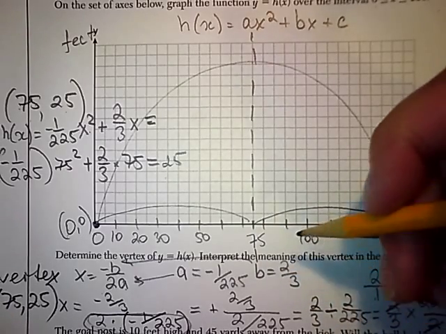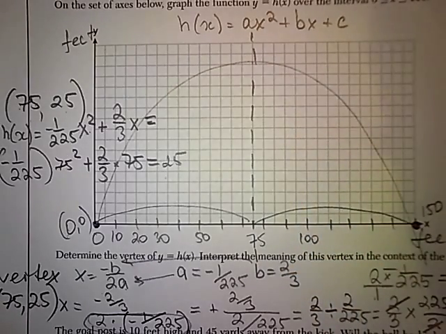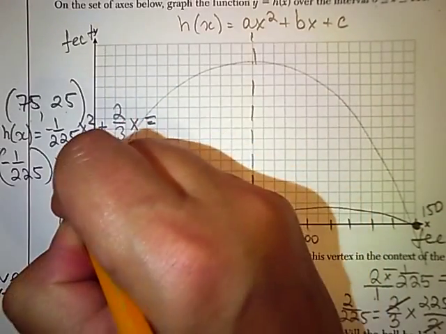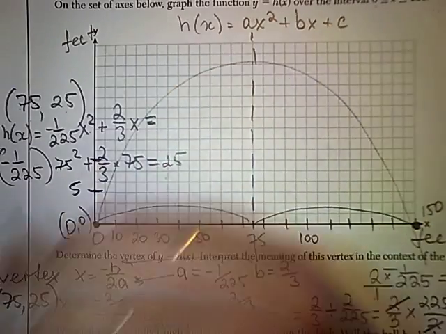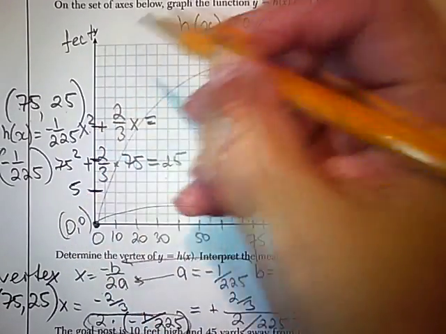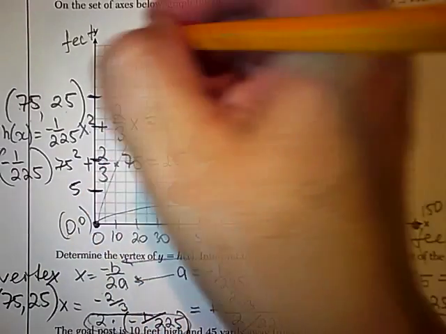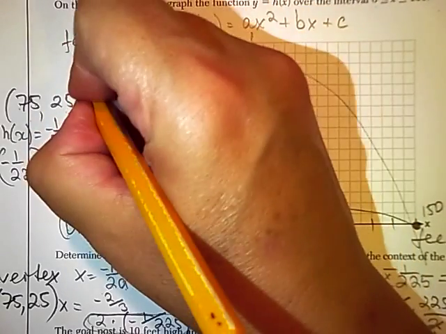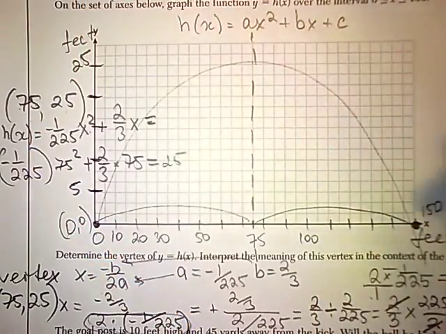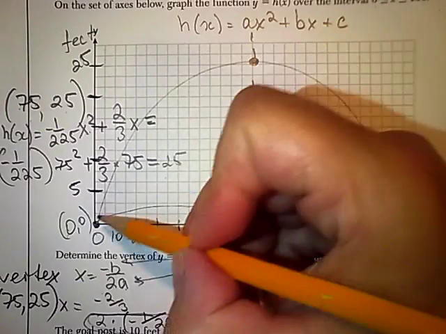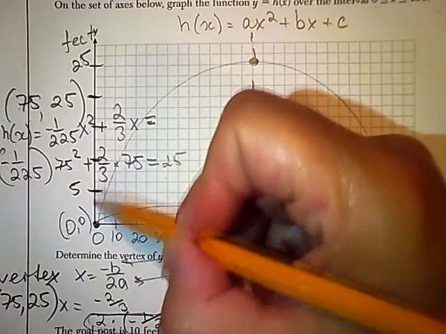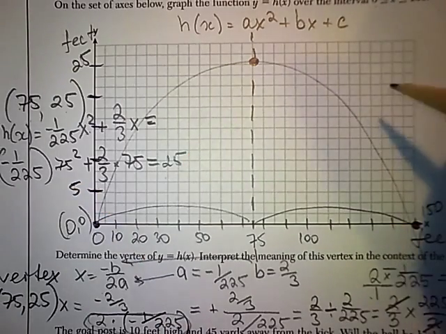I can go by, let's say, 5 here, another 5 here, 15, 20, 25. So I decided to use this scale. So 3 squares will represent 5 units.